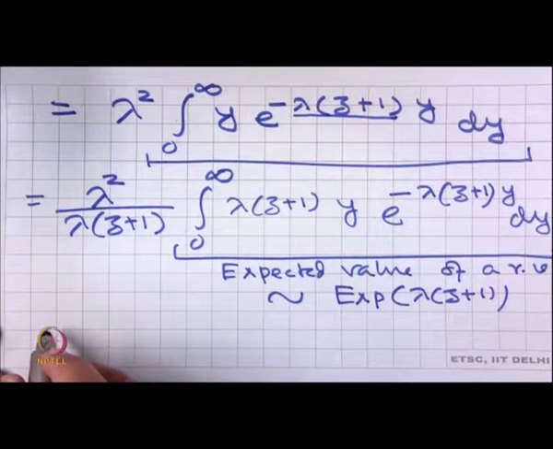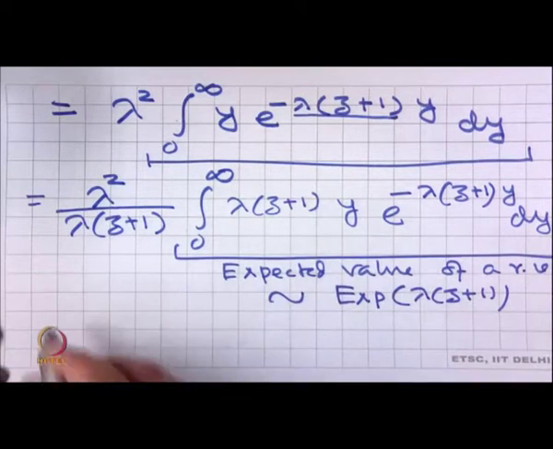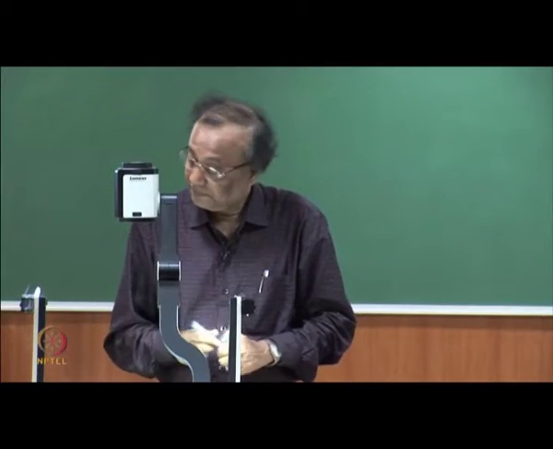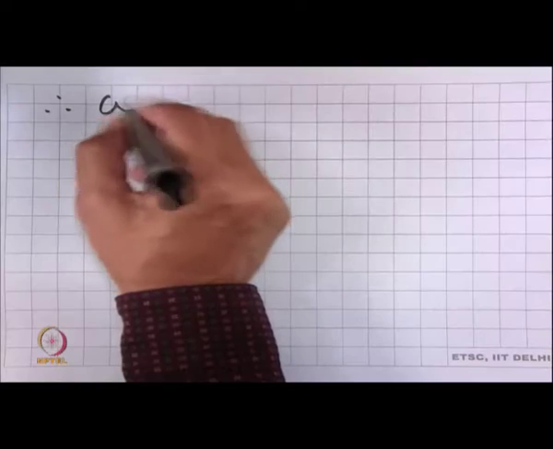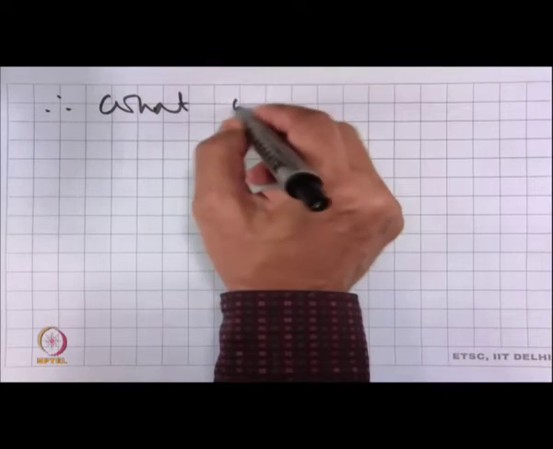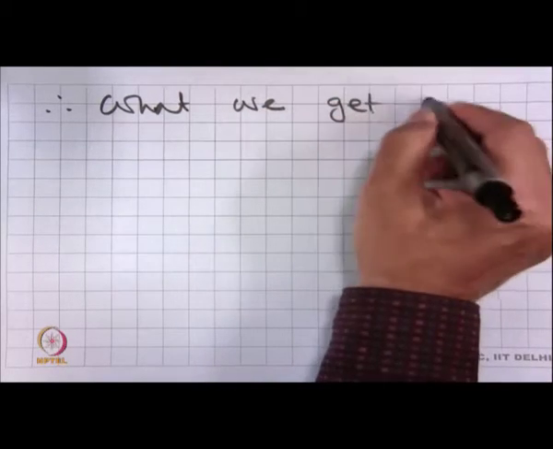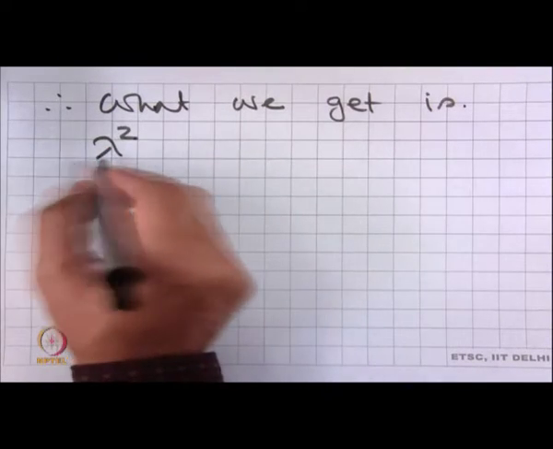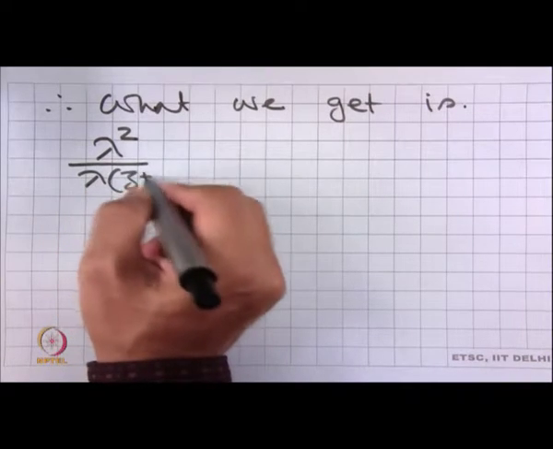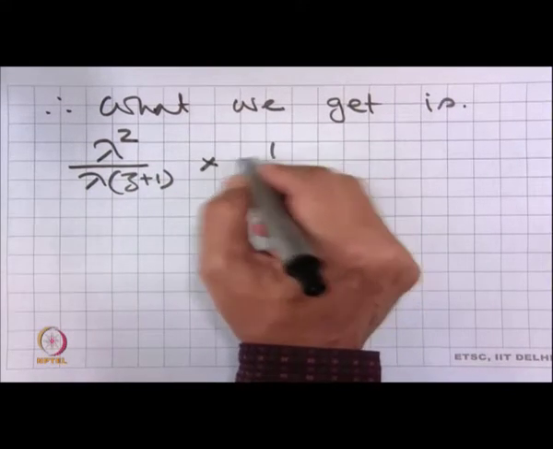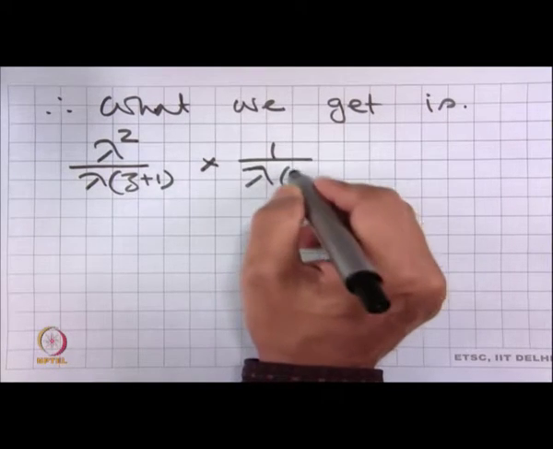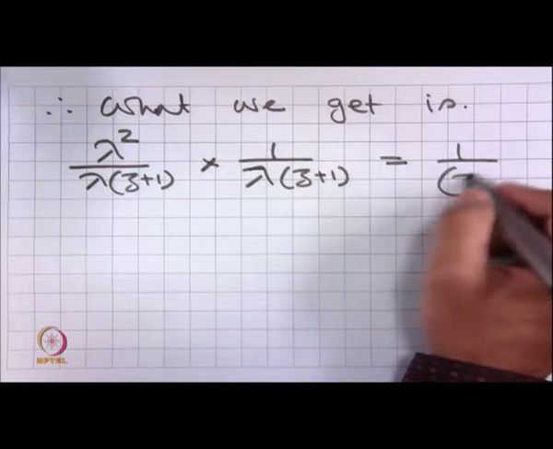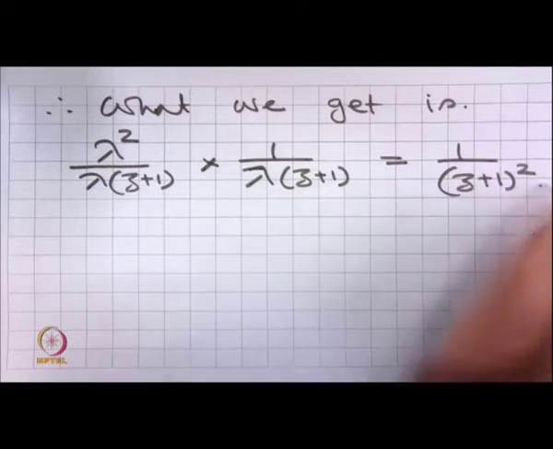If you accept that part, then we know that this expectation is going to be 1 upon lambda (z plus 1). Therefore, what we get is lambda square upon lambda (z plus 1) multiplied by 1 upon lambda (z plus 1), which is equal to 1 upon (z plus 1) square.